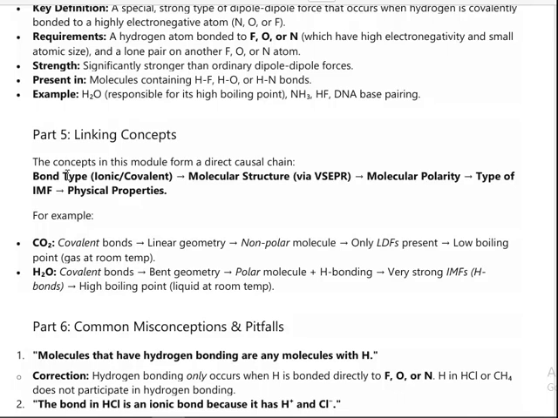But H2O also has covalent bonds and bent geometry, but the molecule is polar, and hydrogen bonding exists. It has very strong intermolecular forces. These intermolecular forces are directly responsible for the high boiling point observed for water.